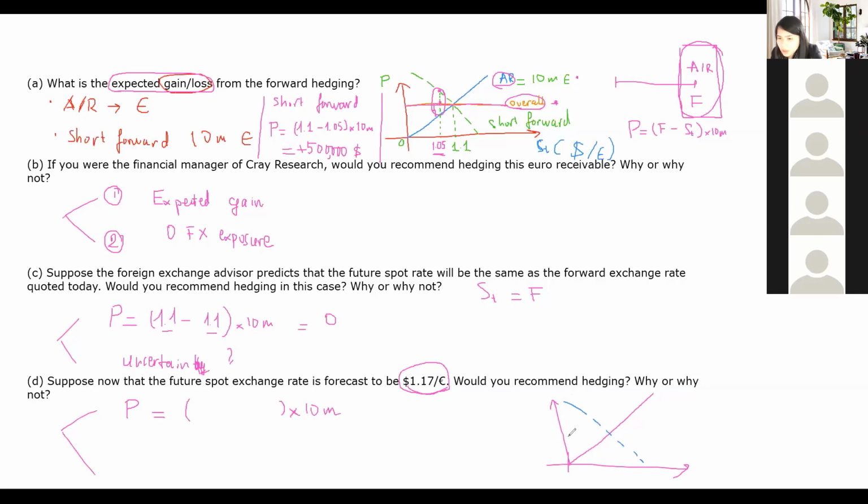Then here I'm going to have my overall position. So when the exchange rate turns out to be 1.17, I'm going to be standing on the right-hand side of the graph. This is the forward rate 1.1, and this is 1.17. So here is my unhedged position. And here is my hedge position.